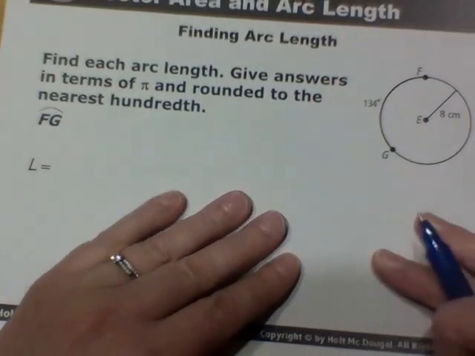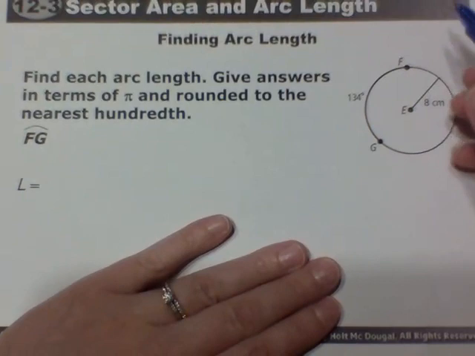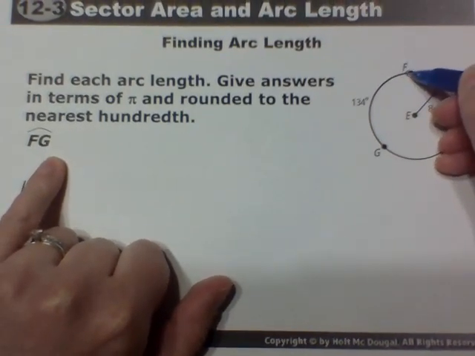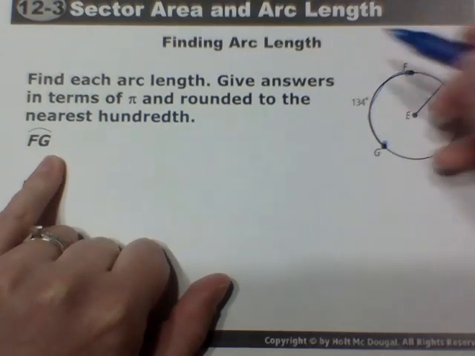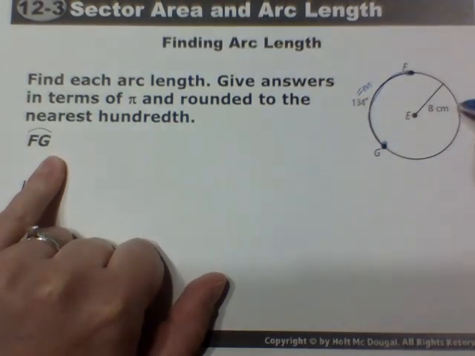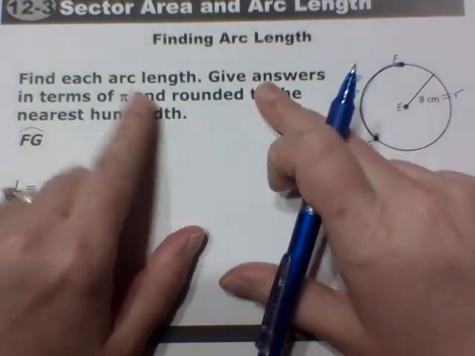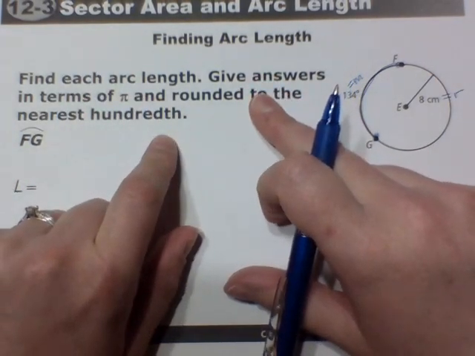All right. So our last example here is telling us that we need to find the arc length of FG. So following along from F to G. Notice that they're telling you that the measure is 134 and that the radius is 8. They also want you to give your answers in terms of pi, so we'll do that, but then also rounded to the nearest hundredth.